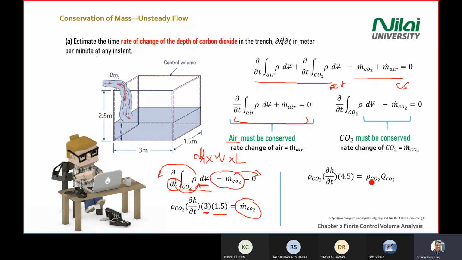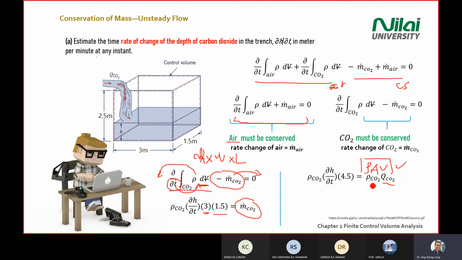M dot equals rho Q, or rho A V. A times V equals Q. You can memorize rho A V. When you write rho A V in your answer, you still get marks for that. So the rest is just substitution and rearrangement of your equation.